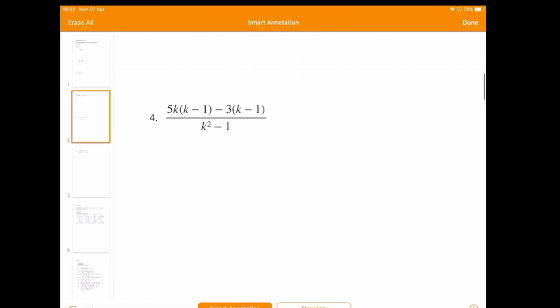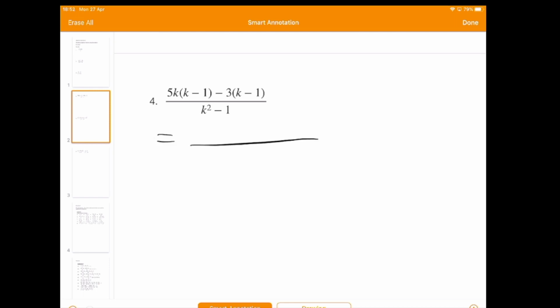Here's another example. We need to factorize once again. You've done questions like this. So in the numerator, again, we are factorizing by taking out the highest common factor. Clearly, k minus 1 is common there.